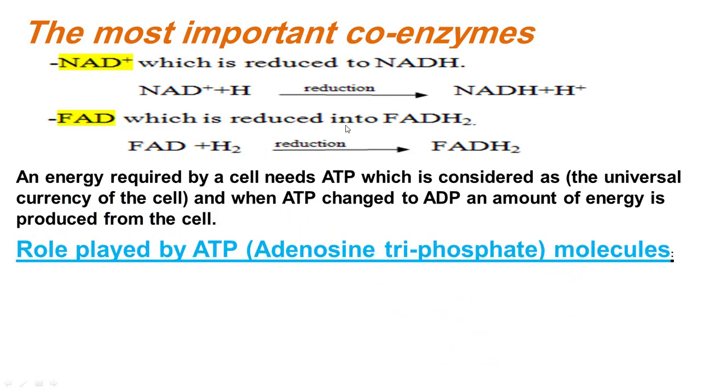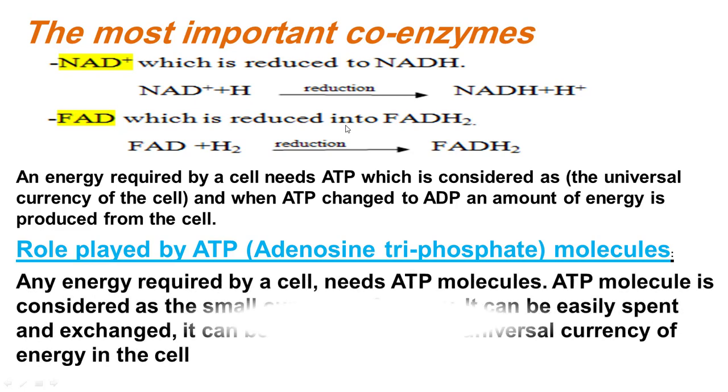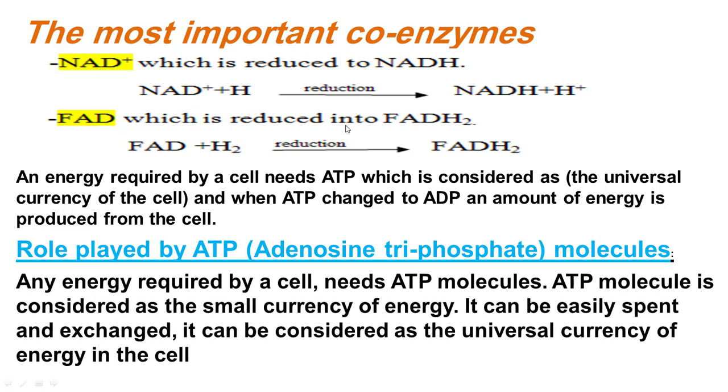This is the role played by ATP, or adenosine triphosphate. The ATP molecule is a small currency of energy that can be easily spent and exchanged, and easily transferred all over the parts of the cell. It is the universal currency of energy inside the cell.